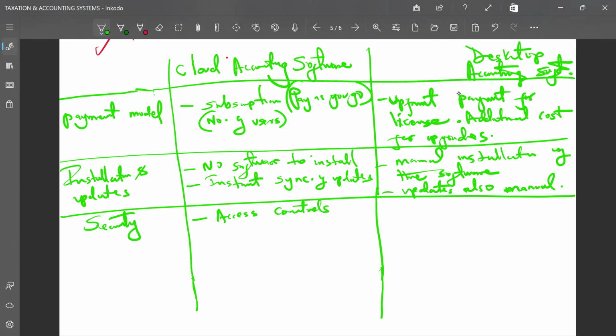Because this is a remote database that we're using in a cloud-based software, that remote database can only be accessed by authorized personnel with the various security levels that they've been given.